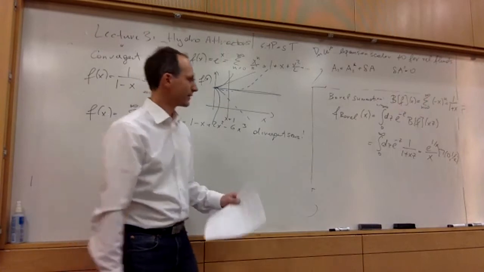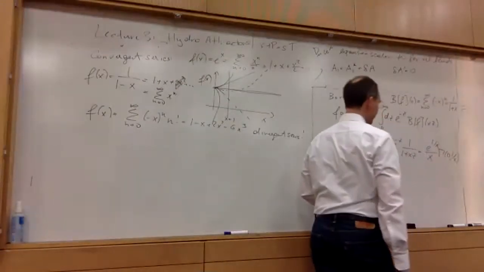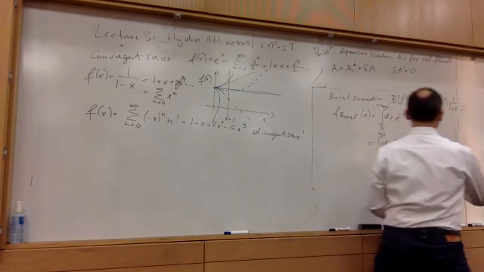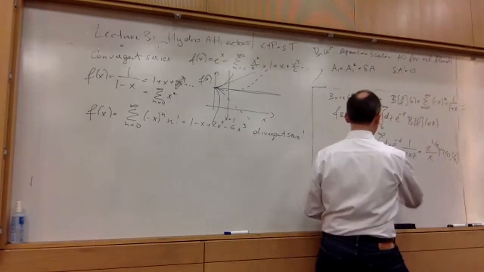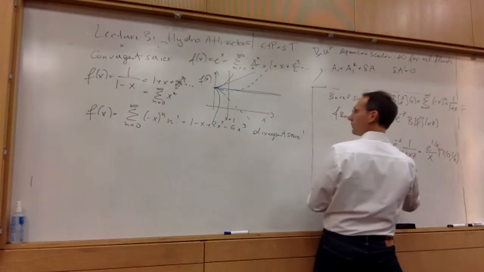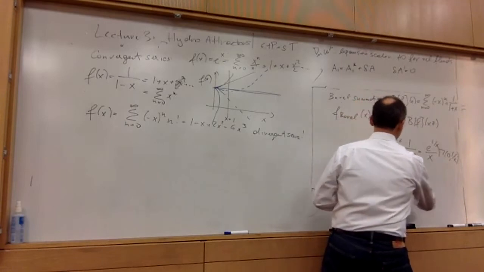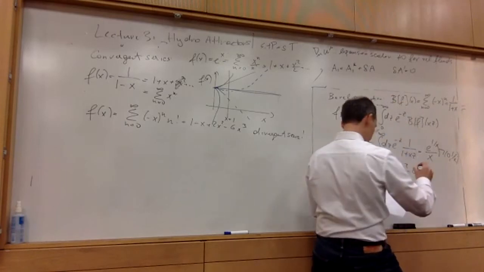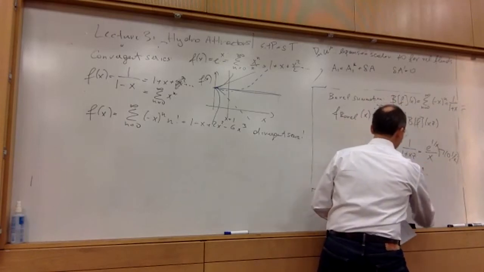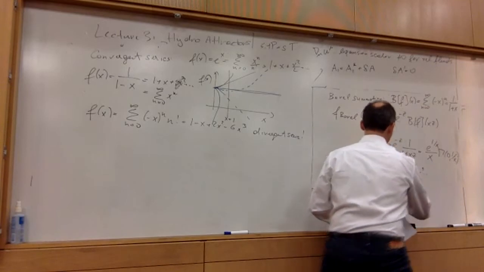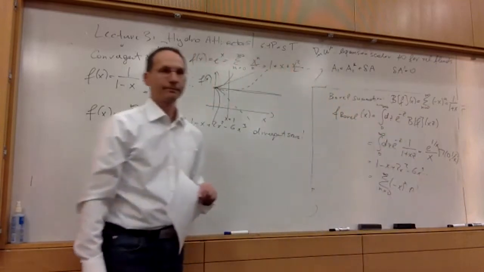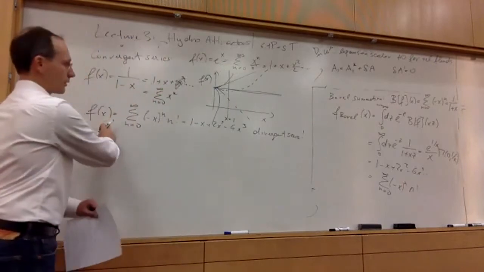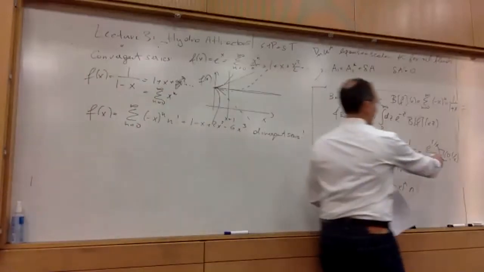But the magic is that if I do a series expansion of this expression for small x, I find that this is equal to 1 minus x plus 2x squared minus 6x cubed, and so on, equal to the sum of minus x to the n, times n factorial. So it has the same series as I started with, but it's now a closed form expression.